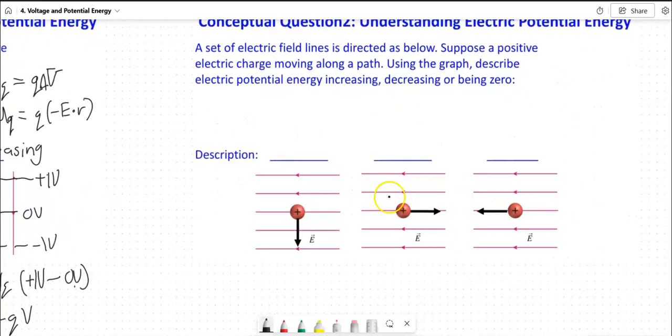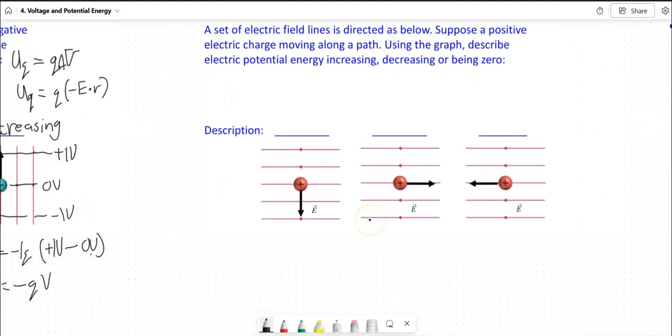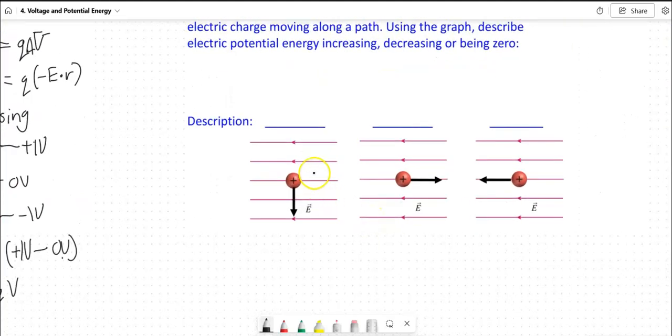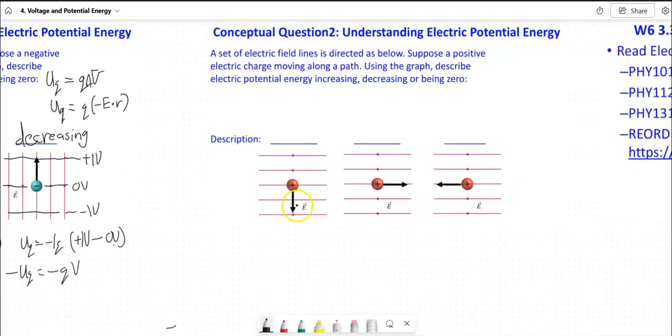This is the positive version of this, and in this case the electric field is pointing to the left. So why don't you go ahead and try this one. Pause the video now. Okay, here would be the negative voltage. So negative voltage, this is going to be 0.